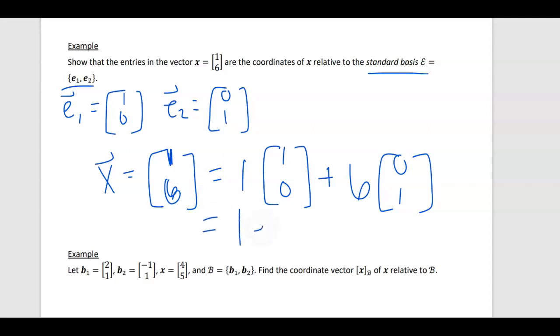Therefore, we can say this is 1 E1 plus 6 E2. And the entries here are the coordinates of x relative to this standard basis.